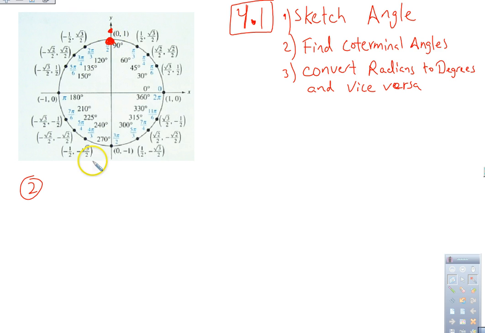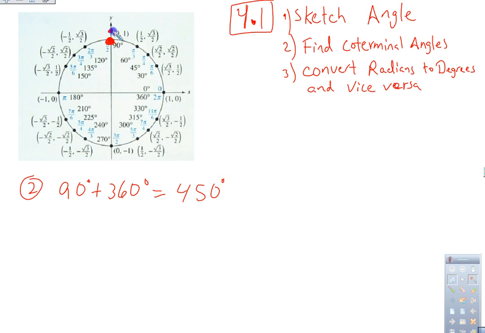I'm going to say that I'm at 90 plus 360 because I've gone around the circle a complete time, 360 degrees more. And this angle here is 360 plus 90, 450 degrees.